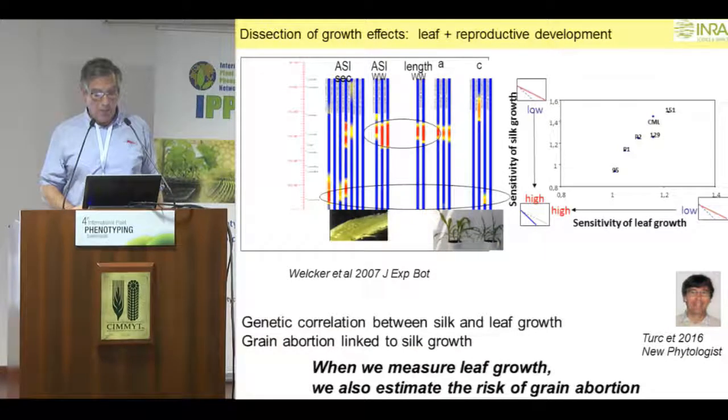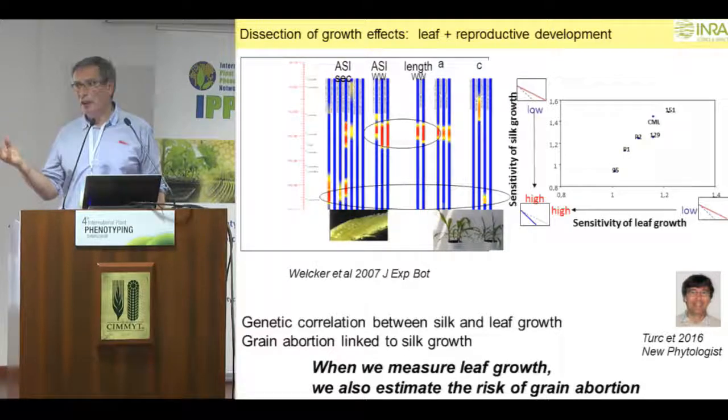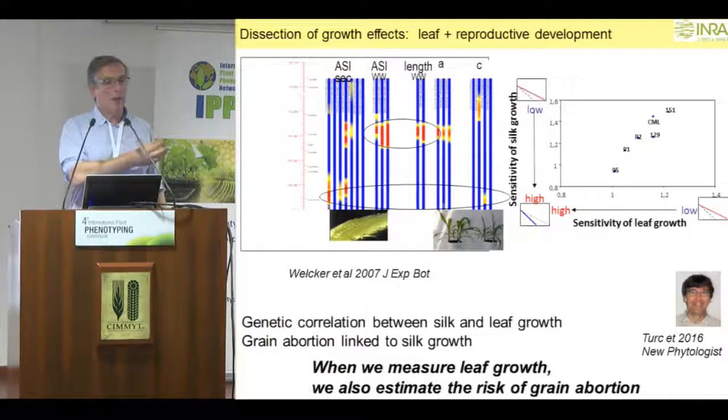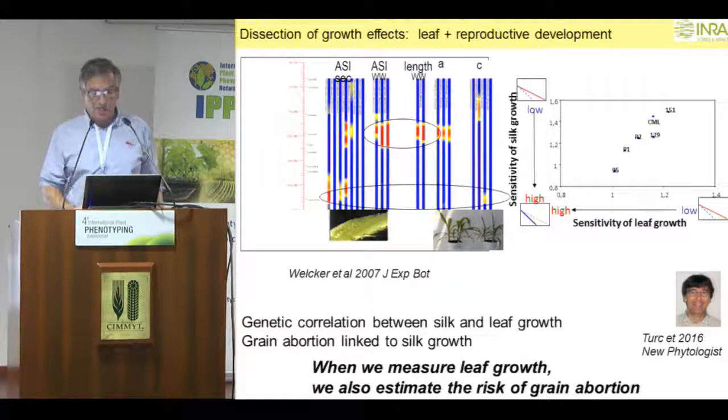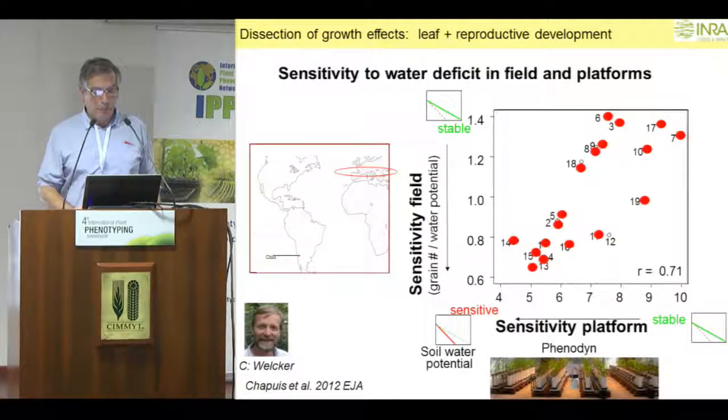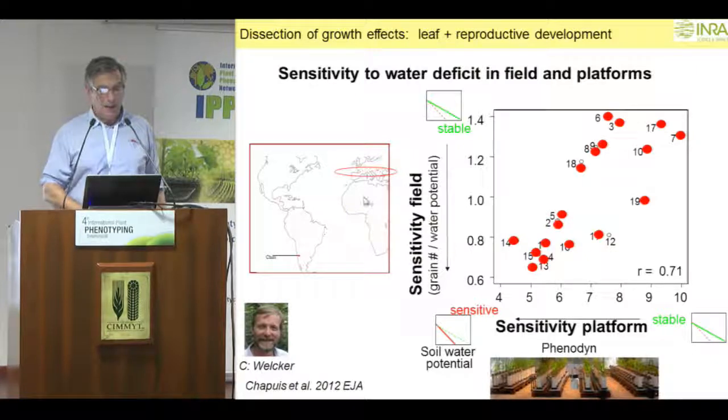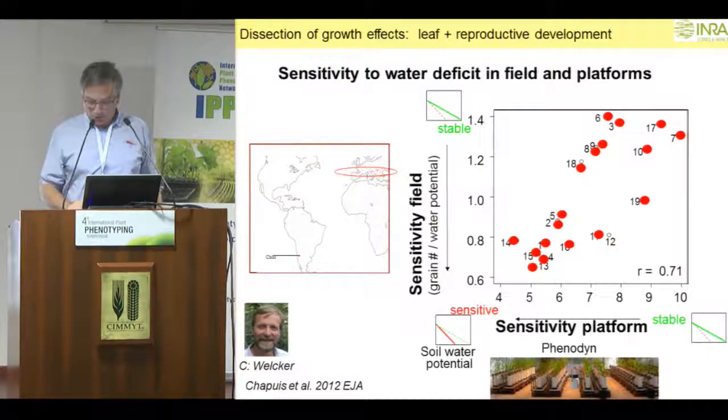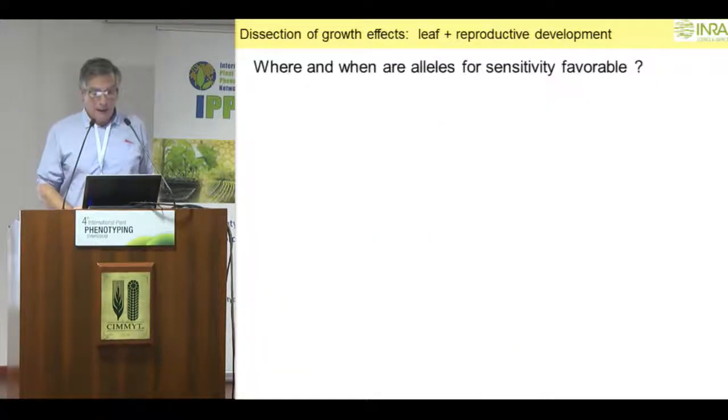So perhaps, and that's important for phenotyping, when we measure a trait, we actually can measure another one and keep the same genetic architecture. And this perhaps explains, to our surprise, when we did it with Limagrain, a network, we have the sensitivity in the platform and in the field, calculated as I said before, and it works decently well.